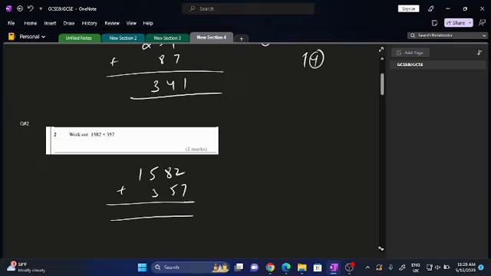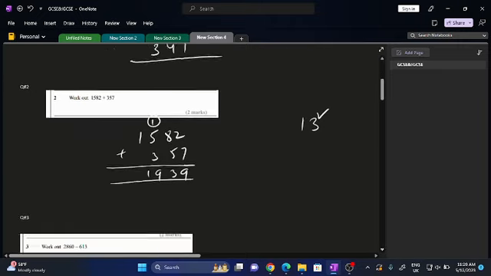So 7 plus 2 is 9. That can be written over here. 8 plus 5 is 13. So 3 can be written, and this 1 can be taken as a carry. 5 plus 3 is 8, 8 plus 1 is 9, and 1 will be written as it is. So as a whole, your answer would be 1939. That would be the answer for the second question.